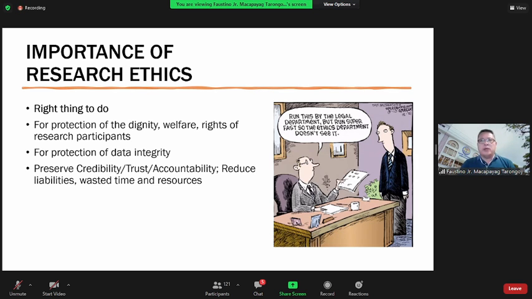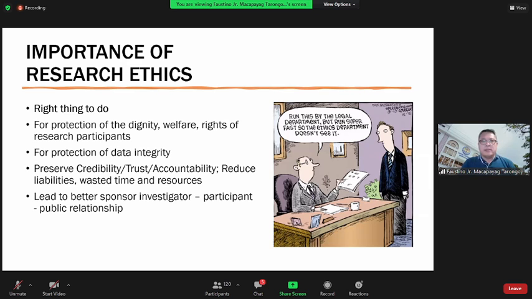In that way, you are minimizing whatever liabilities may be incurred as a result of your research, and at the same time you do not waste your own time and resources, but also the time and resources of your research participants.